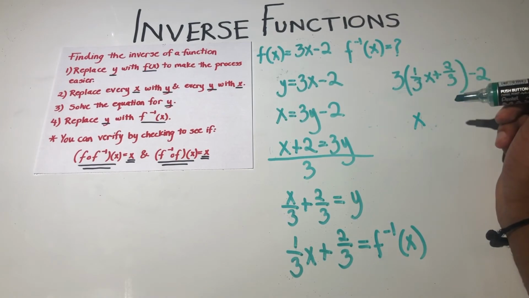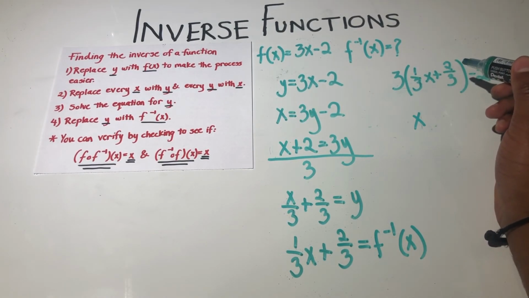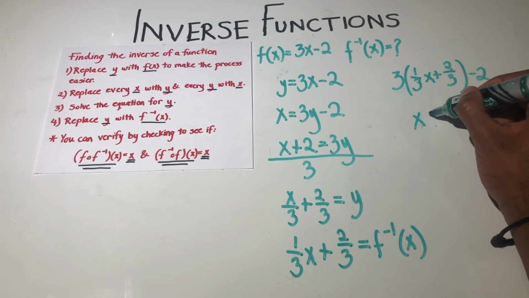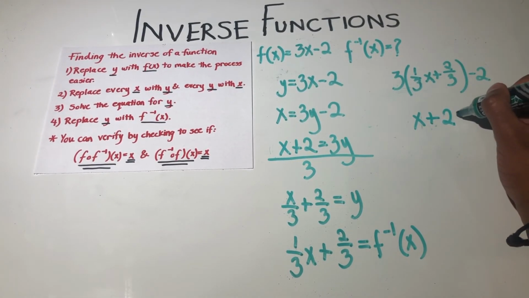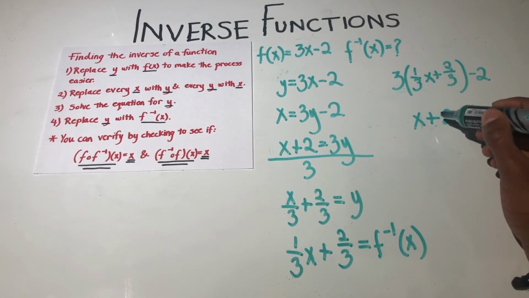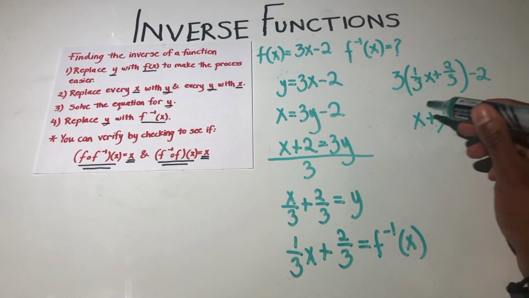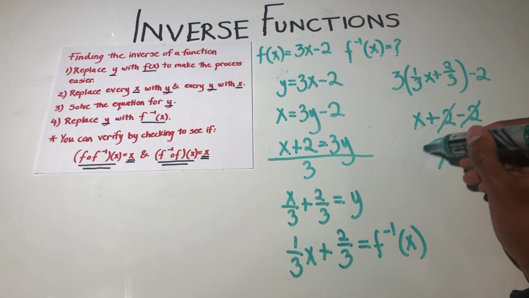And then 3 times 2/3, that's going to give us 6 over 3, and that's 2, so plus 2. And then we have negative 2 hanging out here. And then plus 2 and negative 2, that's just 0, and then we're just left with x.